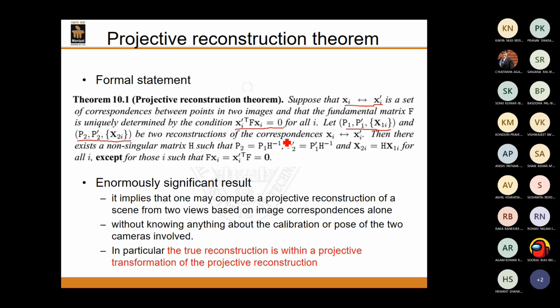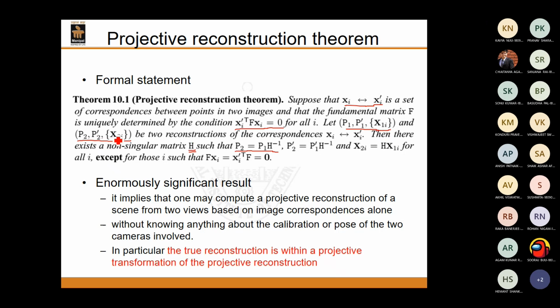That means there exists a projective transformation matrix H such that P2 is equal to P1 H inverse. If I apply the projective transformation to P1, I get P2. Similarly, if I apply the projective transformation to P1 dash, I get P2 dash. And if I apply the projective transformation to x1i, then I get x2i.